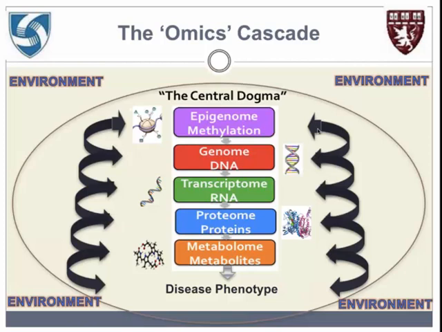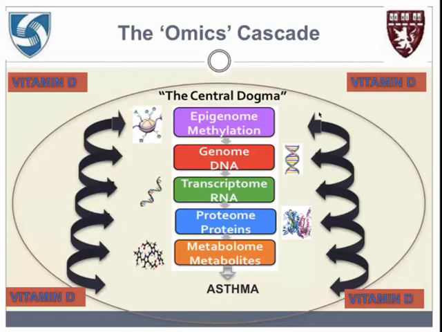So I want to summarize what we have seen so far. In the context of this initial picture I showed, where we have all of these omics and we have the environment, vitamin D was our environment for the VDAART trial. When we looked at the epigenetic data, one of the strongest predictors of asthma was the ORMDL3 CpG site.